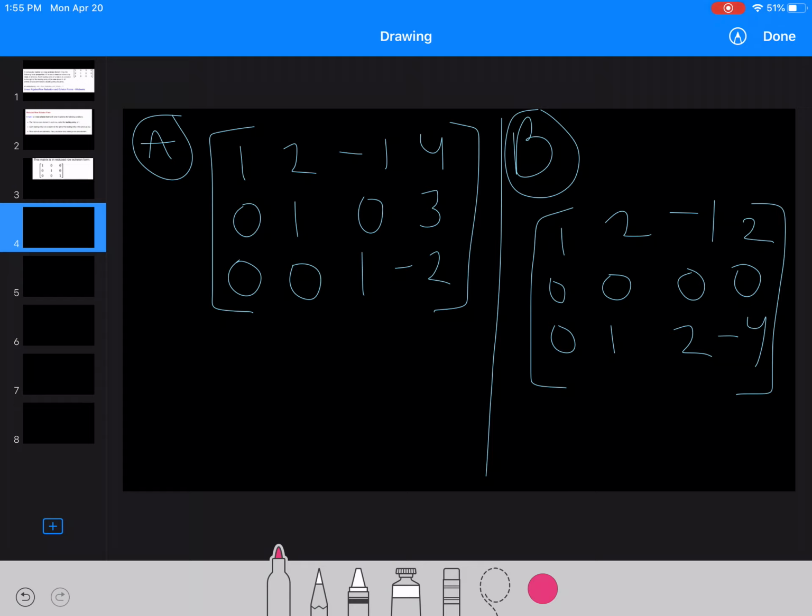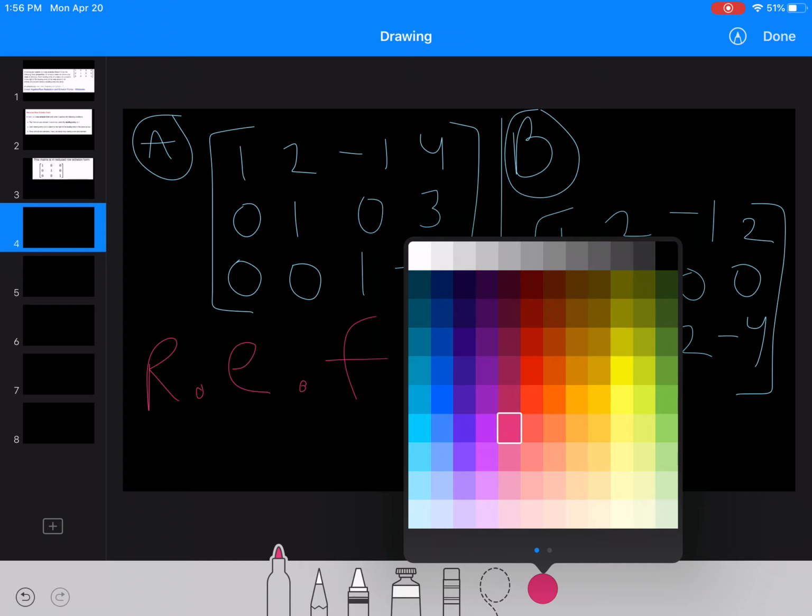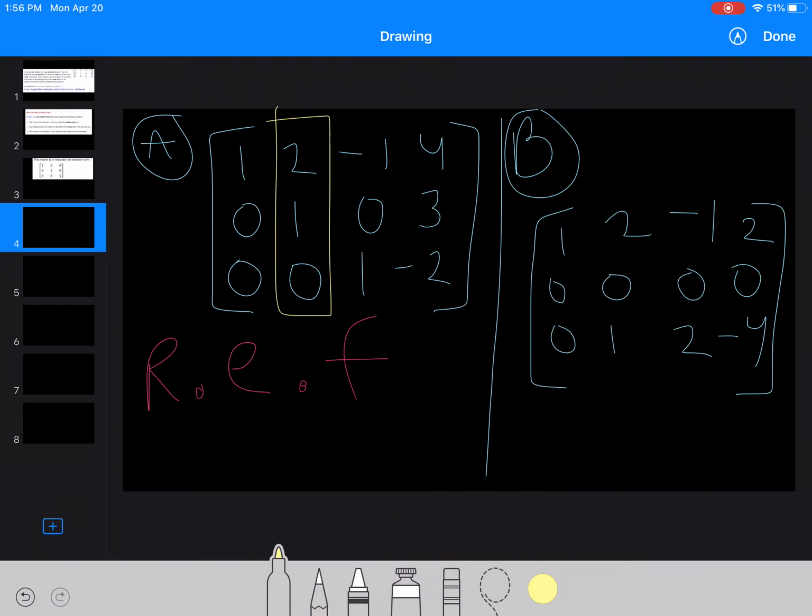Okay, so number 1 is just row echelon form. It's not reduced row echelon form because if you look at this column here, even though I have a 1 leading on the second row, there's a 2 on top of it, so it's not a 0. This is just row echelon form for number 1.